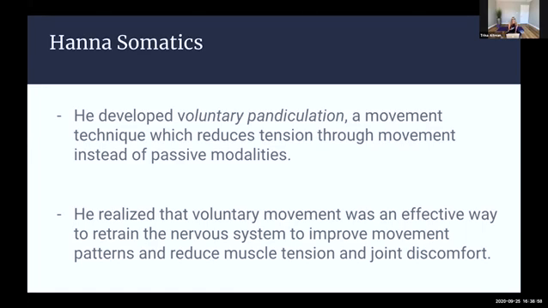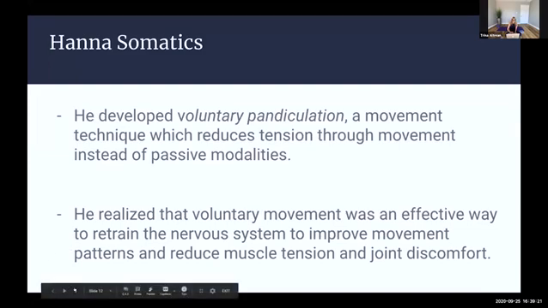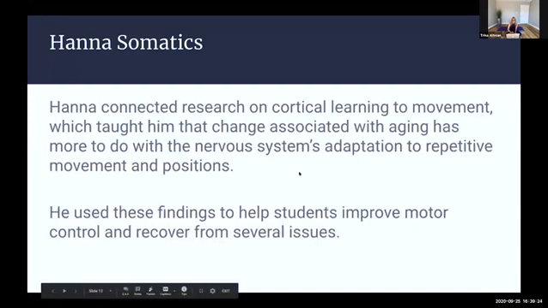There are all different kinds of reasons for pain, and we're going to get into pain science in a future lecture. But one of the best ways to decrease pain is to increase proprioception. Somatic movements teach proprioception and help people improve their movement patterns, so that's another reason I think they are so wonderful.